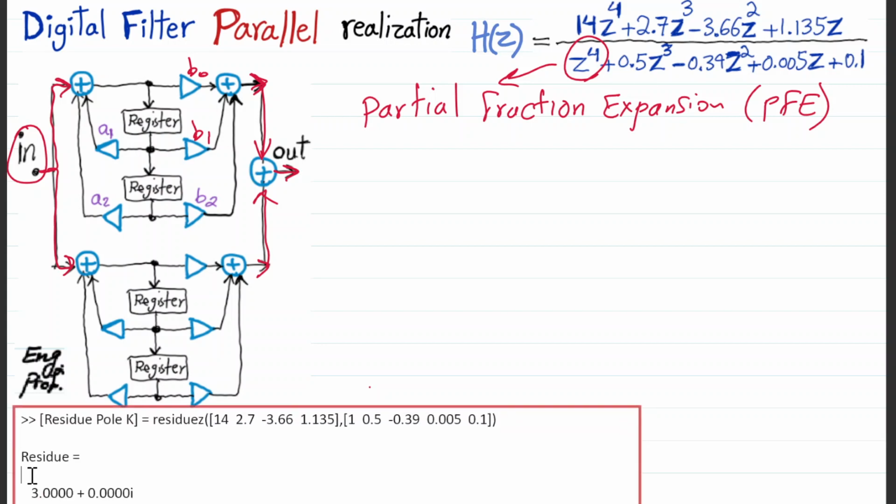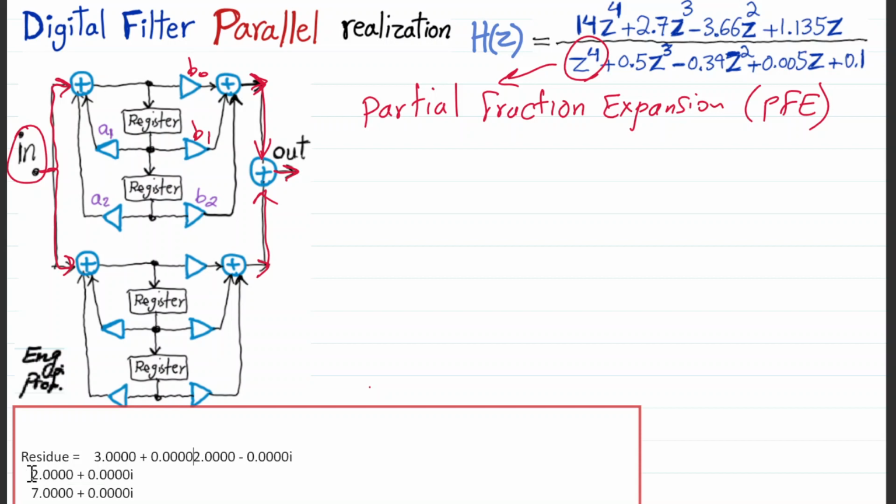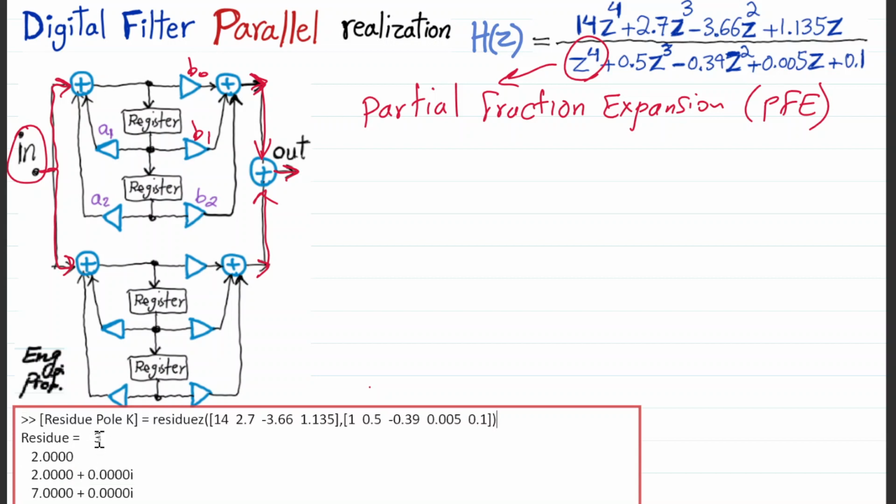These are the residues I found, and basically all these residues are just real numbers. I don't need fancy things, so let me just write it this way. That's easier. The residues, copy pasted from Matlab, are 3, 2, 2, and then 7. Let's make it simple.